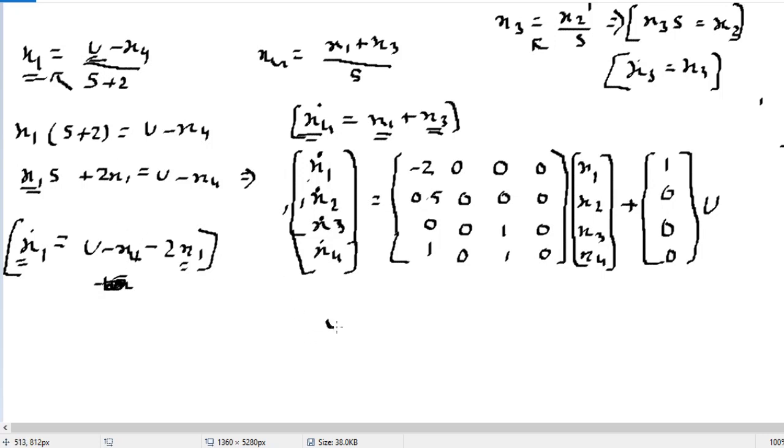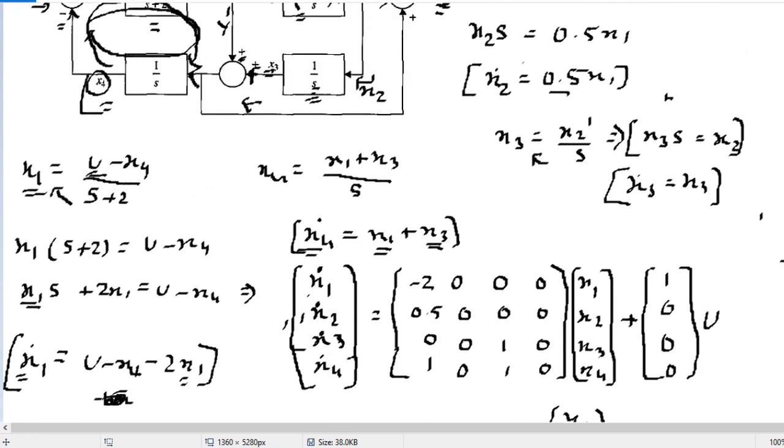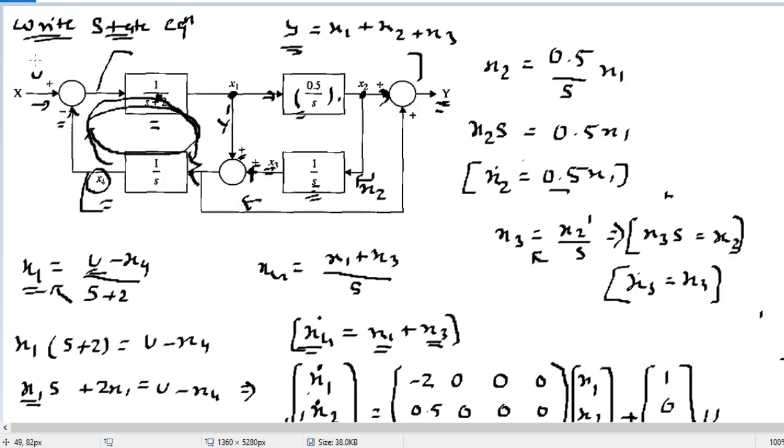In the case of y, we have x1, x2, x3 and not x4. And this becomes a row matrix in the form of x1, x2, x3 and x4. This is the whole equation that we get from that block.